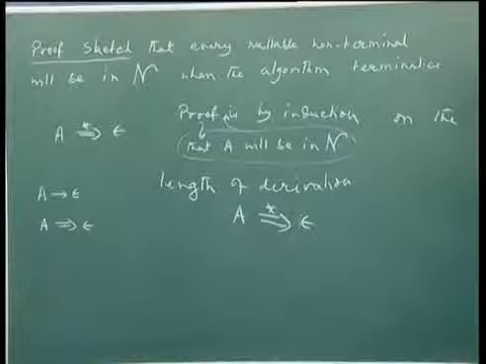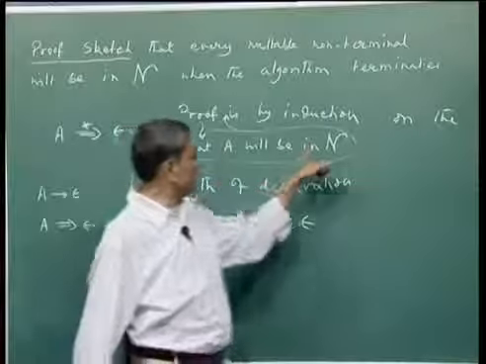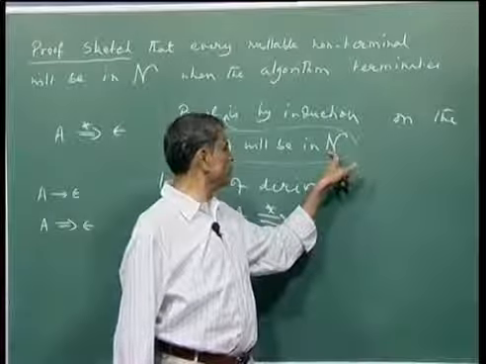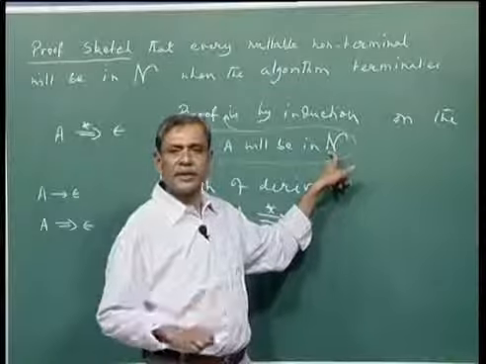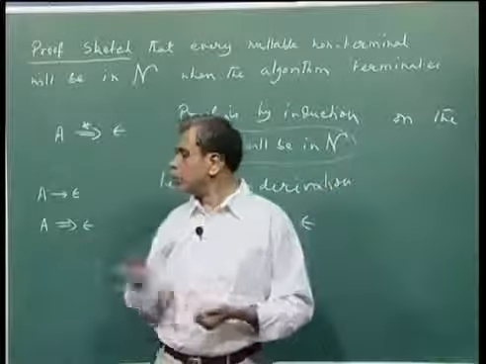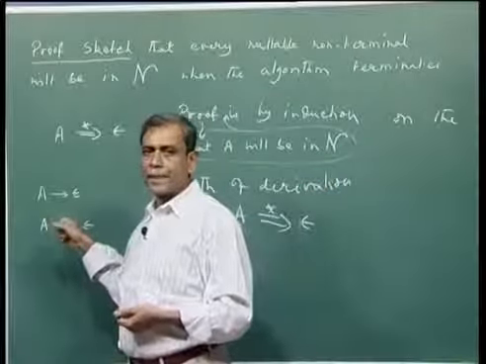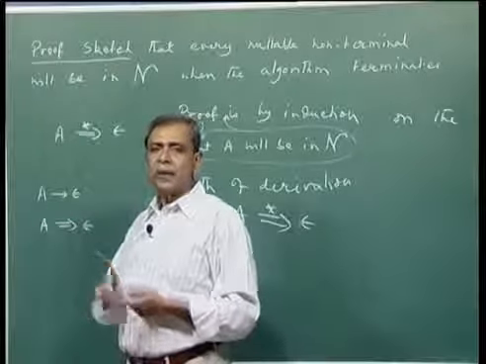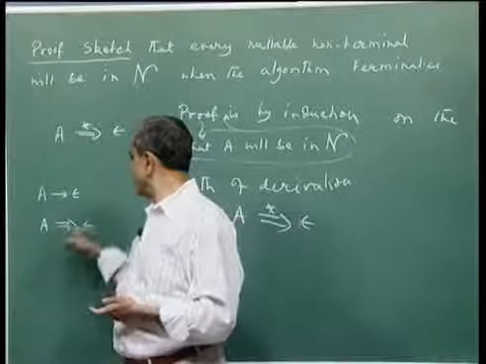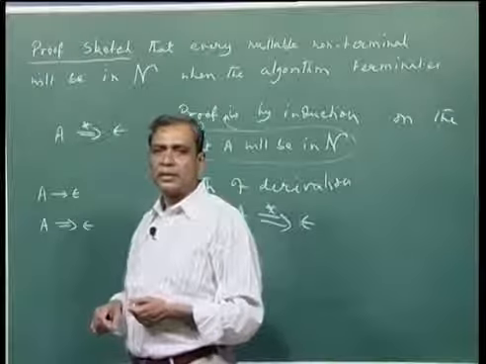Therefore, the base case is clear, because the base case of the inductive definition of N would contain all such A's which had a one step derivation to generate epsilon.